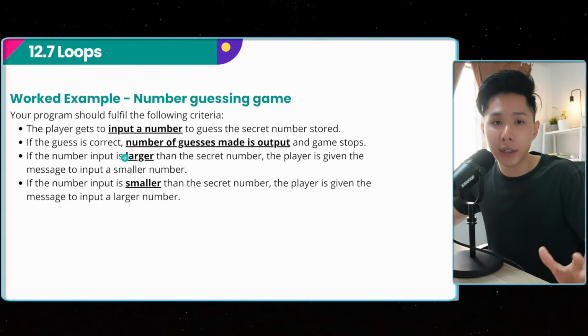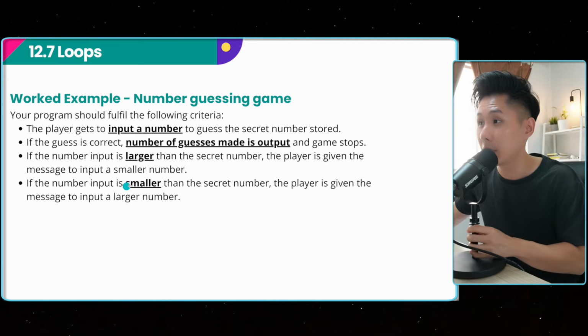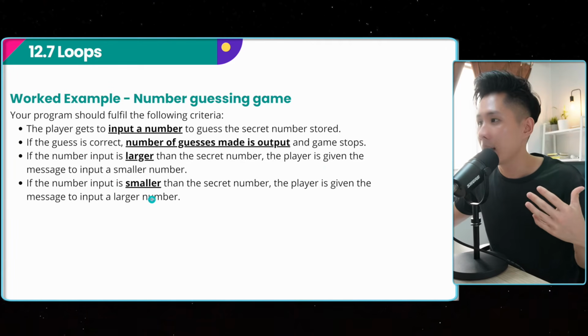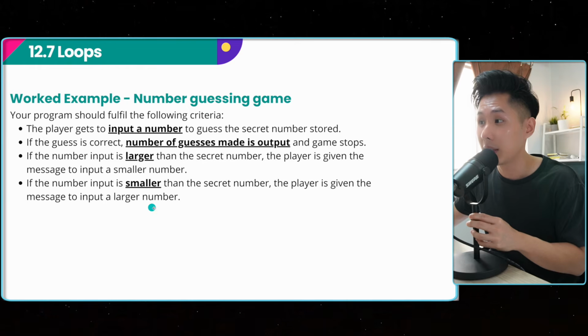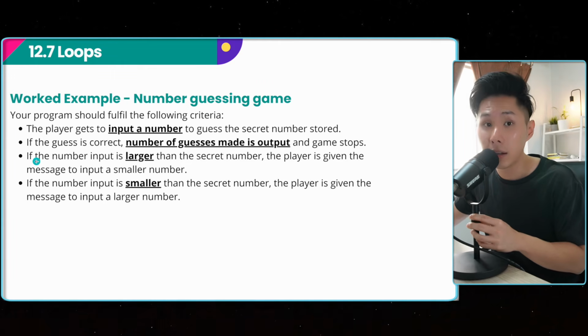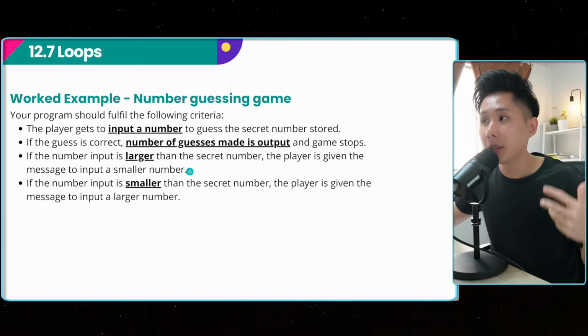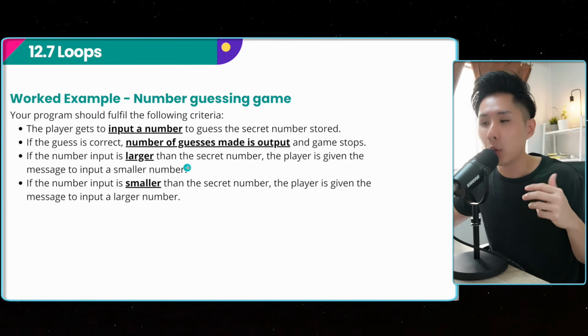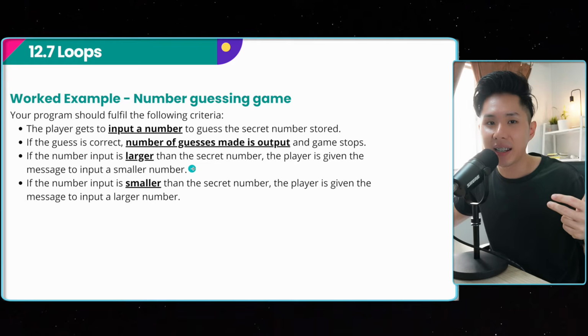If the number input is larger than the secret number, the player is given the message to input a smaller number, like a tip. If it's smaller, the player is given the message to input a larger number. If you look at the word if here, it means you have to use selection. You also have to use a loop because your program should let the user keep guessing until they get it right.